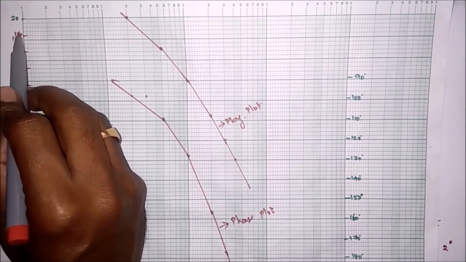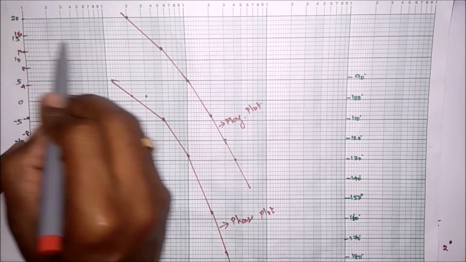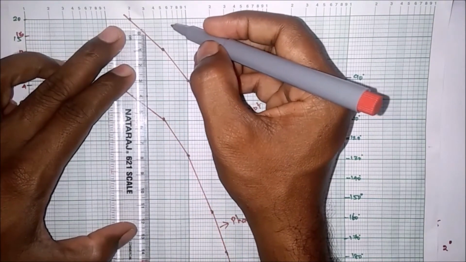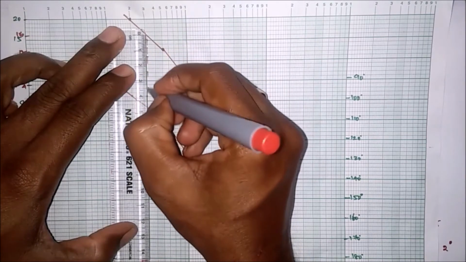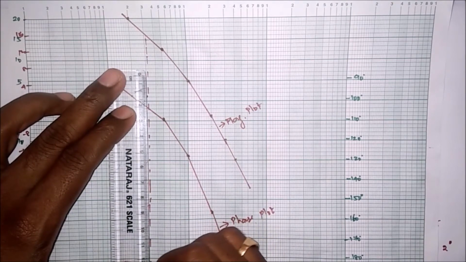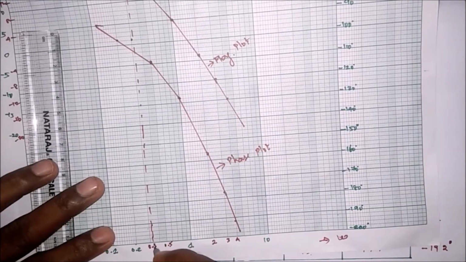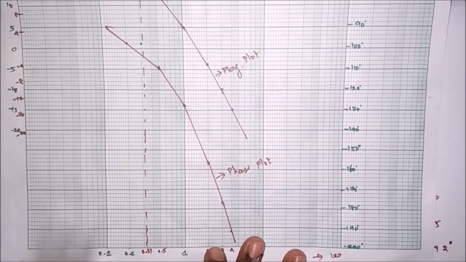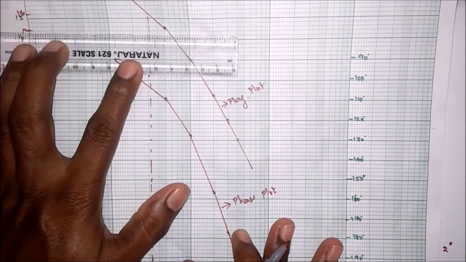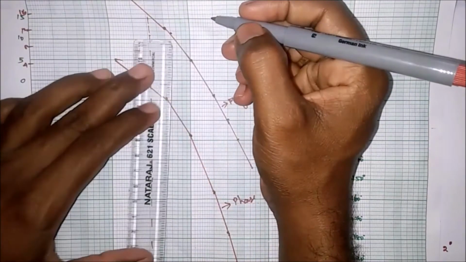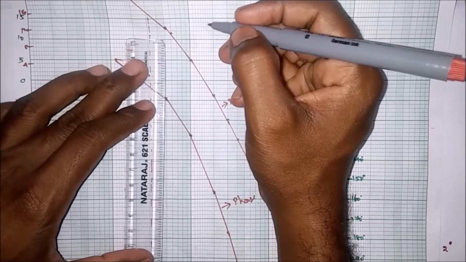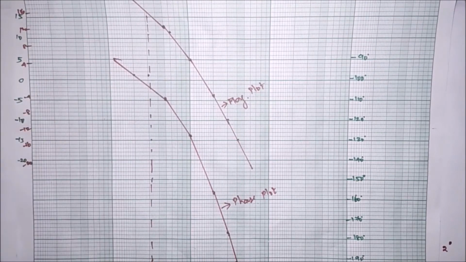Next for 16, from the magnitude plot, omega equal to 0.31. Next for 12, omega equal to 0.5.